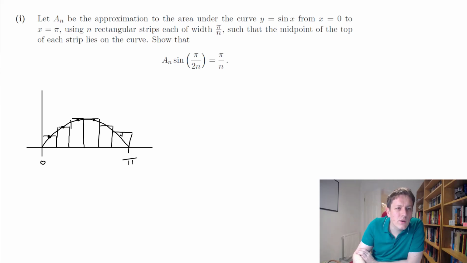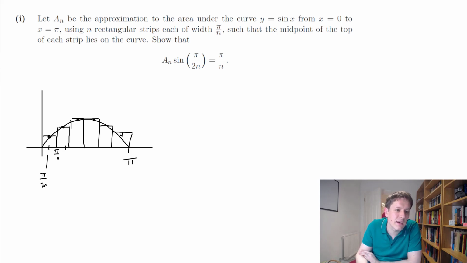So we just need to know what the x coordinates of these points are. If I've got n strips that are π/n in width, this point here is going to be π/n, so actually this midpoint here is going to be that divided by 2, so it's π/2n.